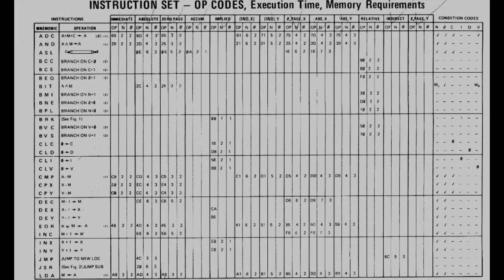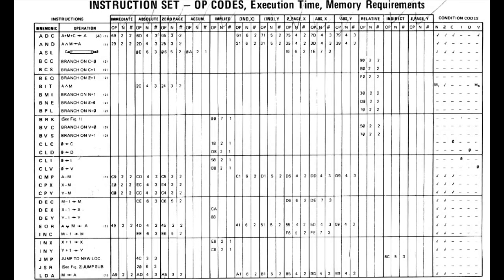From the moment we apply power and lift the reset signal, the CPU starts reading from a well-known memory location. For example, the 6502 starts reading at hexadecimal FFFC and FFFD.